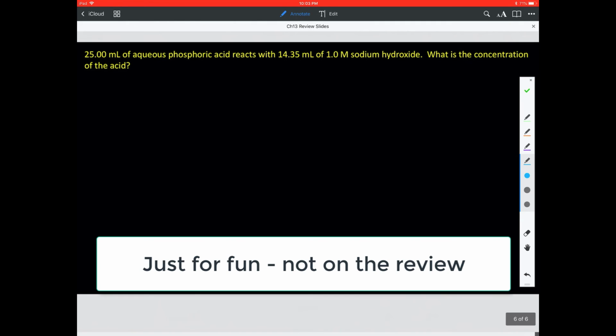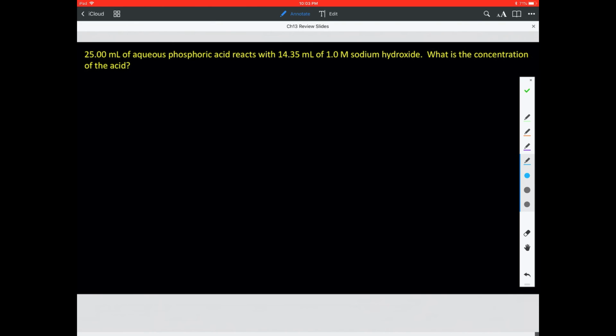The next problem says that we have 25 mils of aqueous phosphoric acid, which react with 14.35 mils of that, and I would like to know the concentration of my acid, right? So this is kind of like the EOC number 93 and the Skill Builder Plus from the book. Where it's important to note that we do have 2 different chemicals, which means that we are going to have to do a chemical reaction.